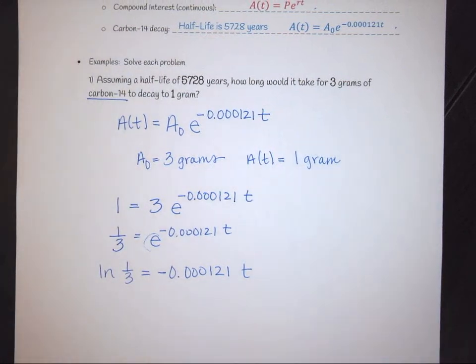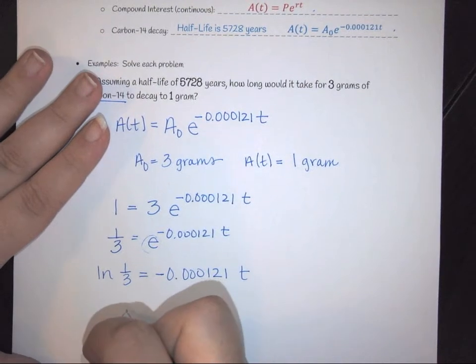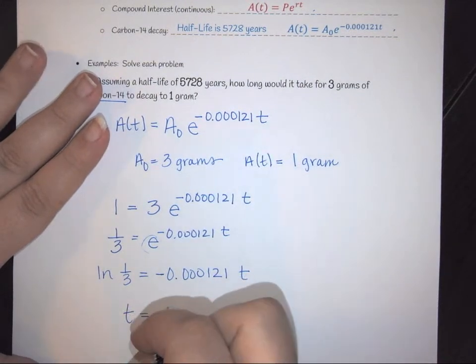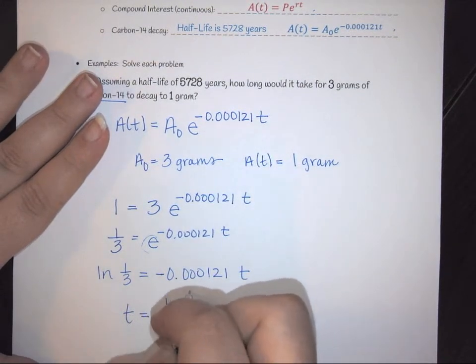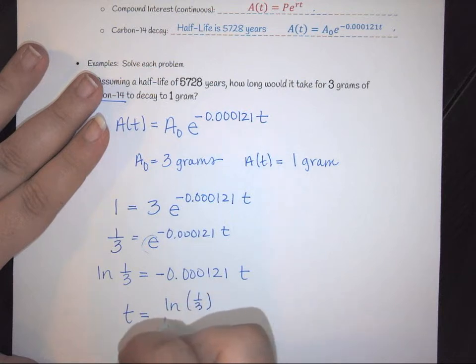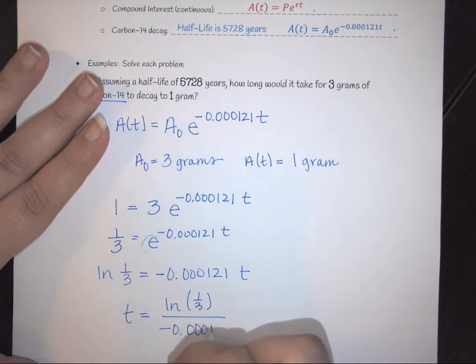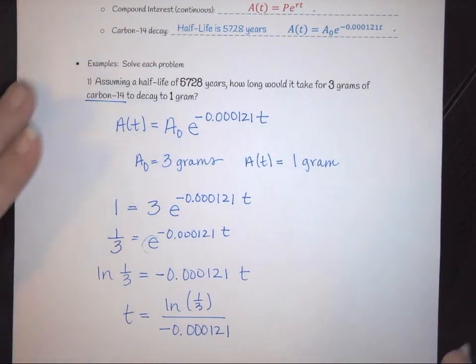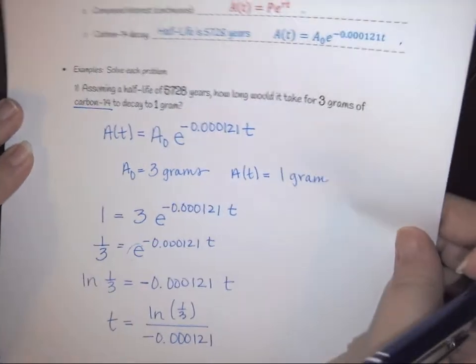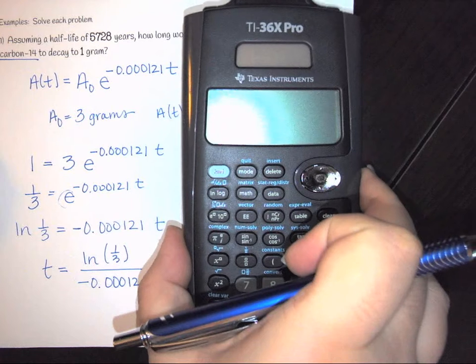And then the last thing you need to do is divide everything by that crazy decimal. So we have that t is equal to the natural log of 1/3 divided by negative 0.000121. So we need to go ahead and work this on your calculator.